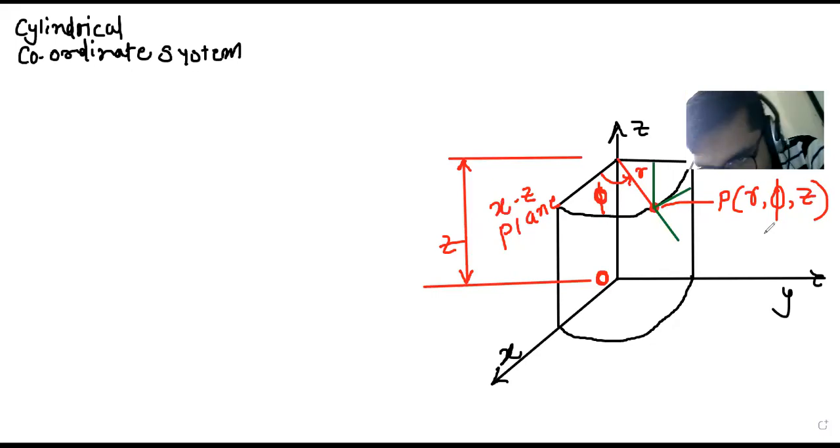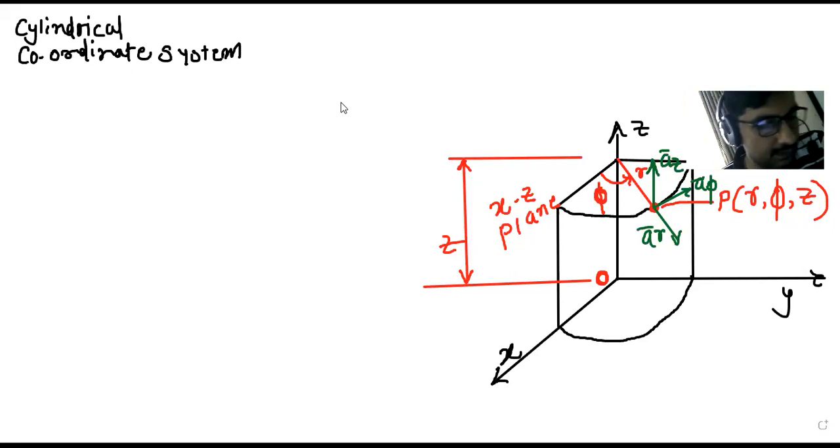Now let me write here: this is unit vector a bar r, this is unit vector a bar phi, and this is unit vector a bar z. So with reference to that, let us define different characteristics for this cylindrical coordinate system.